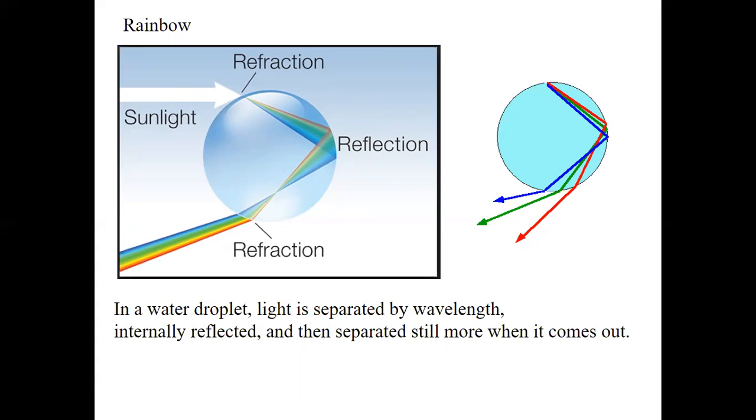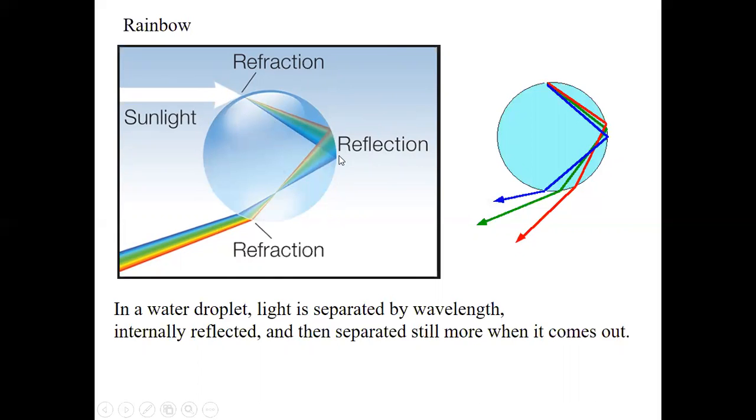So the rainbow happens when water molecules are present in the air. Water droplets make a very thin film of water, but inside it's air, right? When the sunlight enters the water droplet, the light will get dispersed.